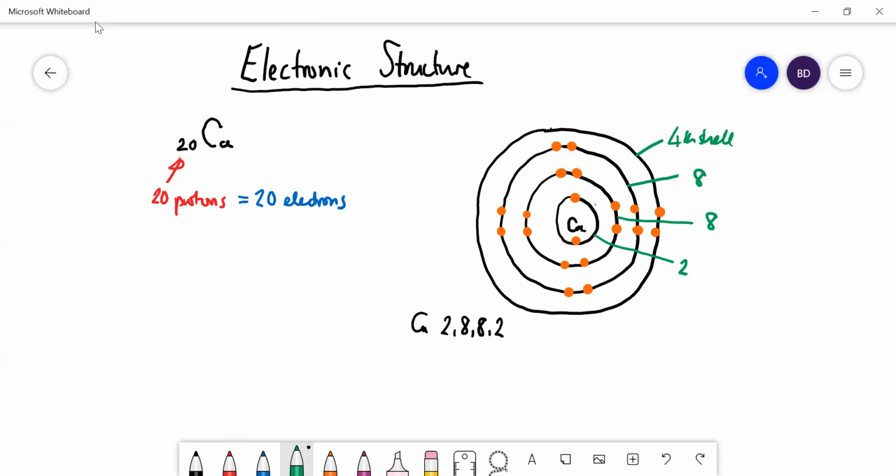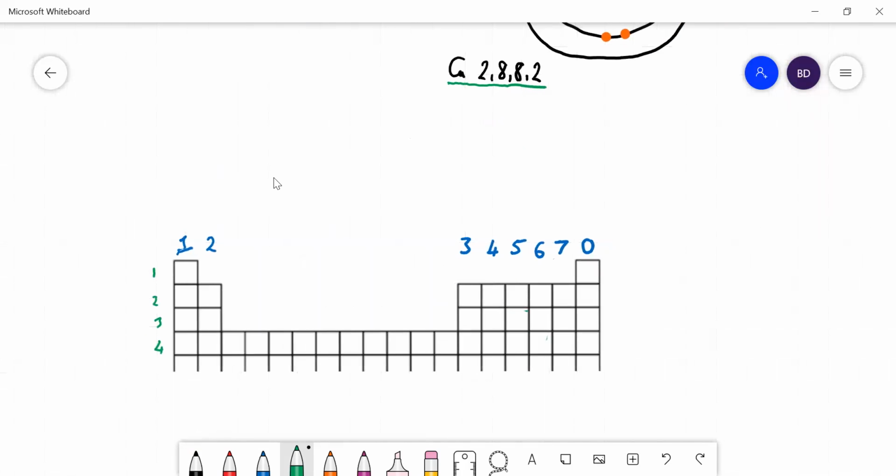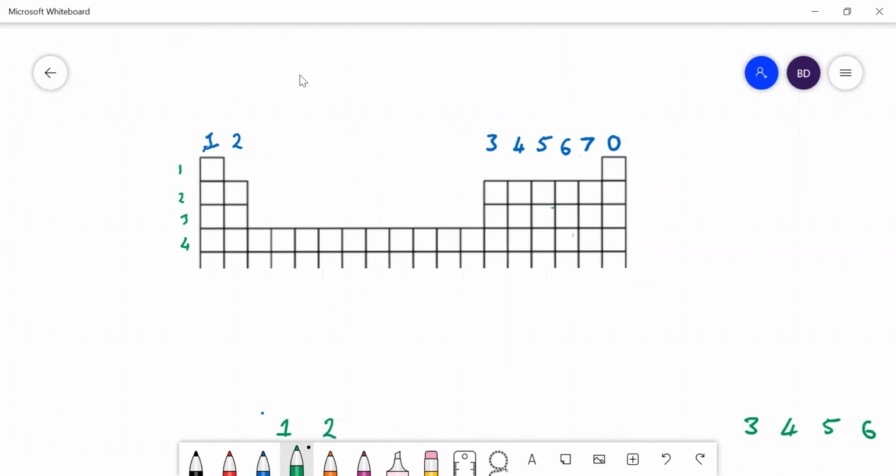Okay, so let's see how the electronic structures of all the different elements describe the element's position in the periodic table. So here we've got a blank periodic table, and we're going to look at some of the electronic structures of the elements here. So here I've got hydrogen. In that version, it's shown as being in group 1. Most people probably wouldn't put hydrogen in group 1.